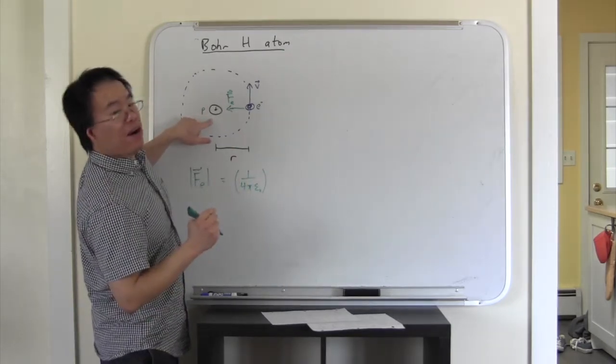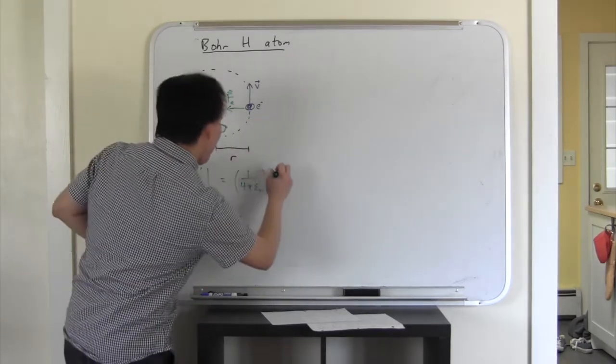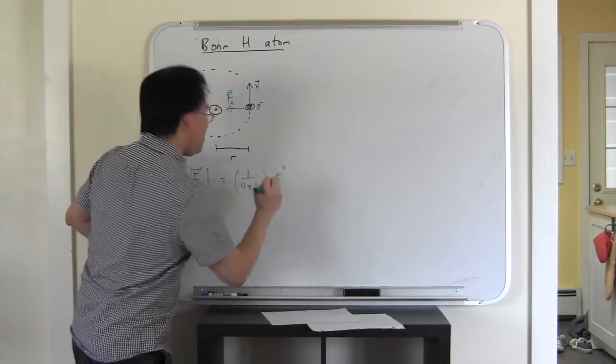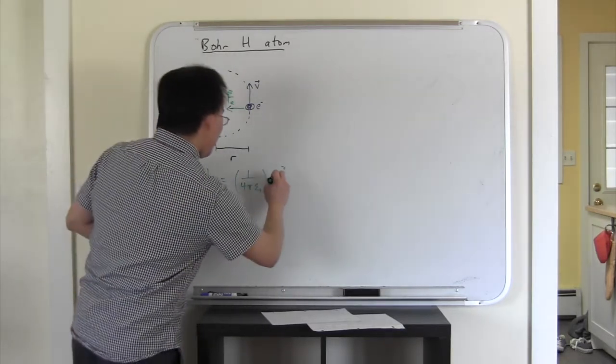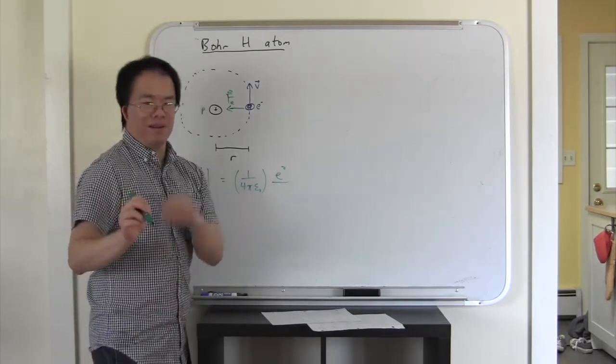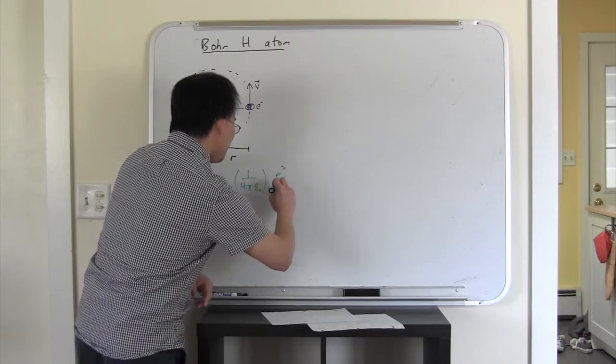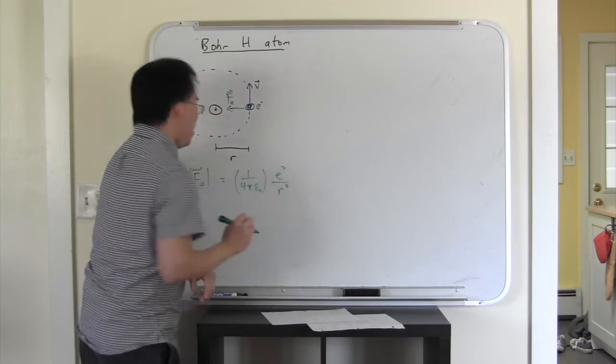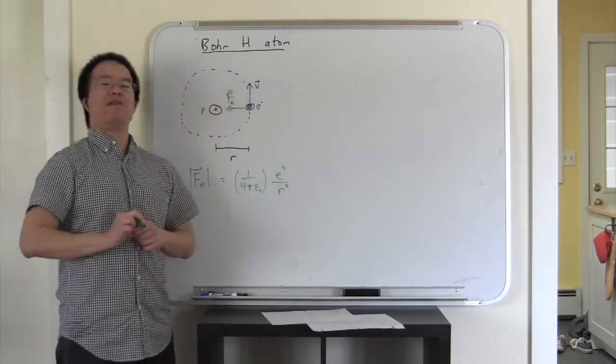A proton has charge e, as does an electron, so this will go like e squared. And electric forces are inverse square forces, so this goes like 1 over r squared.